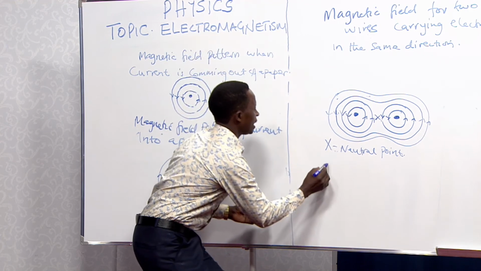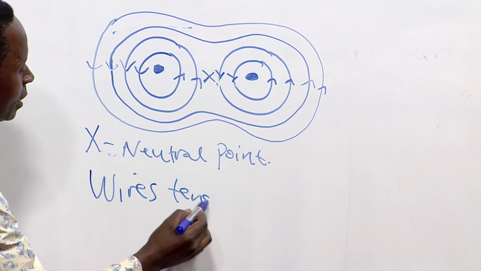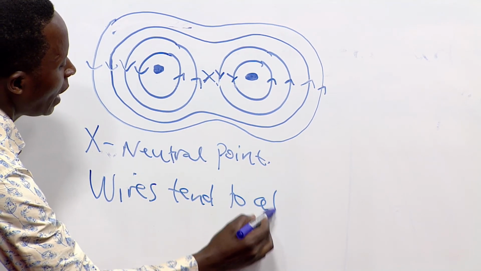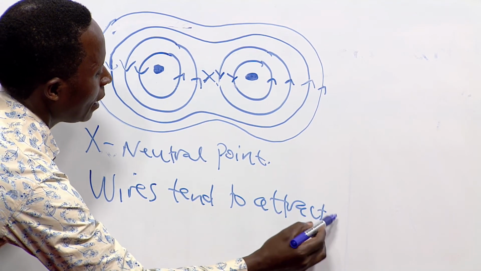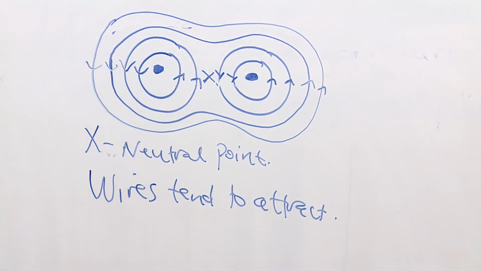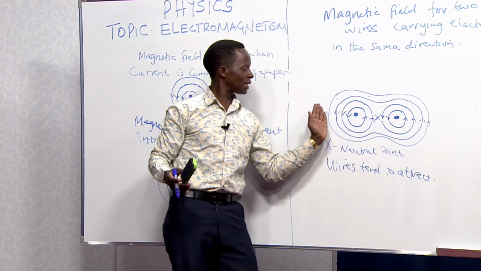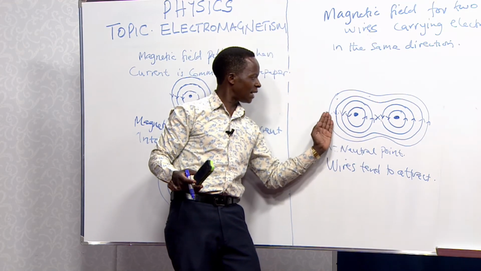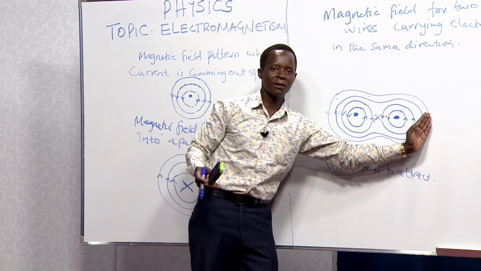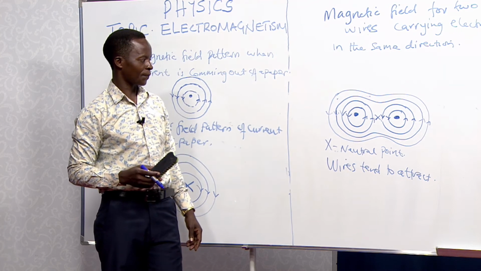So we are going to say that the conductors tend to attract. Why? We've said at the center, the fields repel, they are opposing. But this side, they are in agreement. So this side, there are more field lines, and also here there are more field lines, and the wires tend to attract.